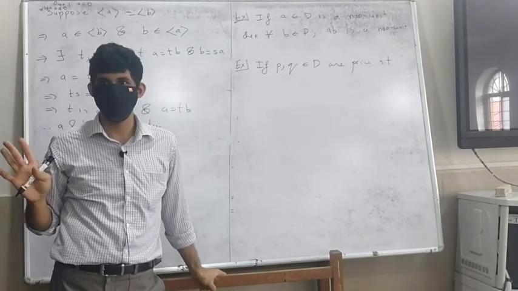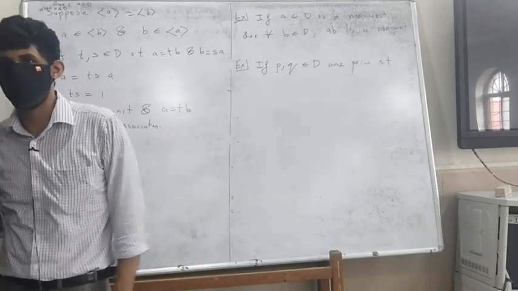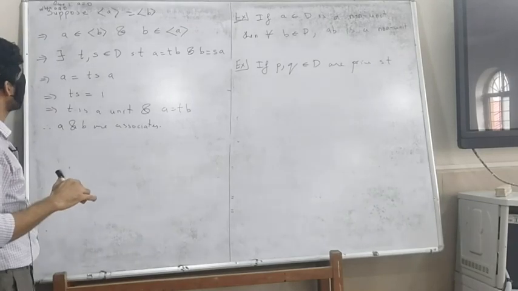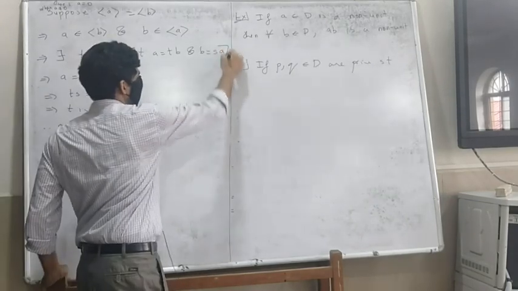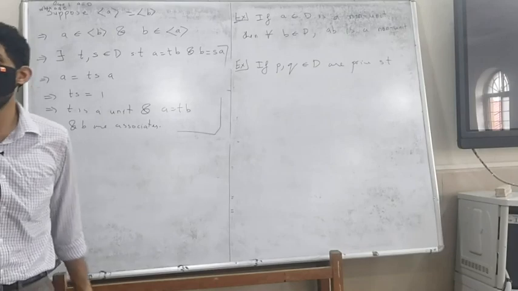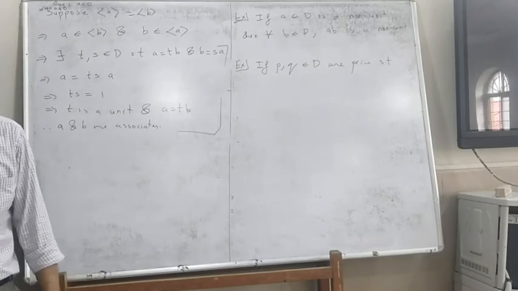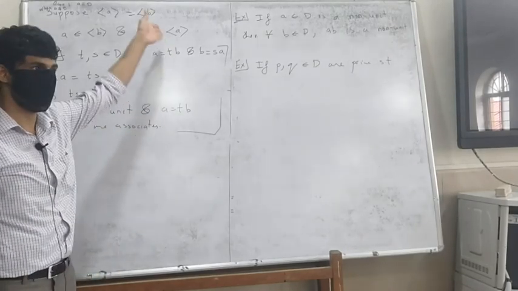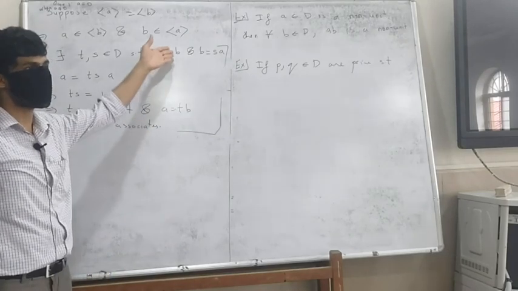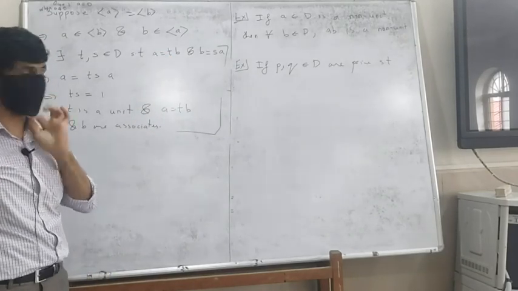Do you know that? How do you know? That's what I have proved here. Right? If A divides B and B divides A, then A and B should be associates.